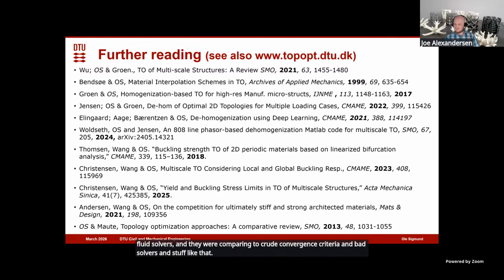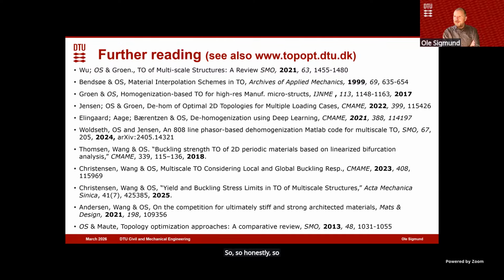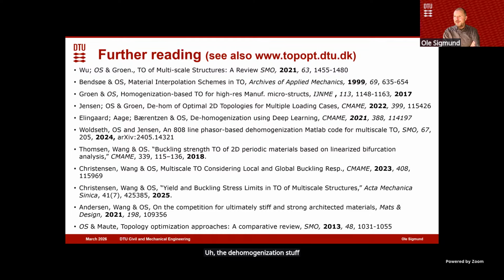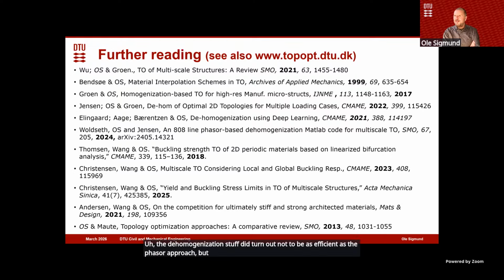So honestly, I'm not against AI. I think it has potential in many places. In this talk, I said that for interpolating material properties for our database to be used by the optimizer, it makes sense. The de-homogenization stuff did turn out not to be as efficient as the Phasor approach, but still there I see potential in different subtopics for use of AI.